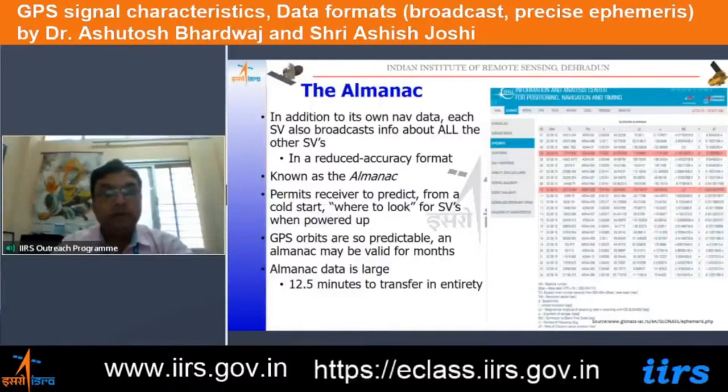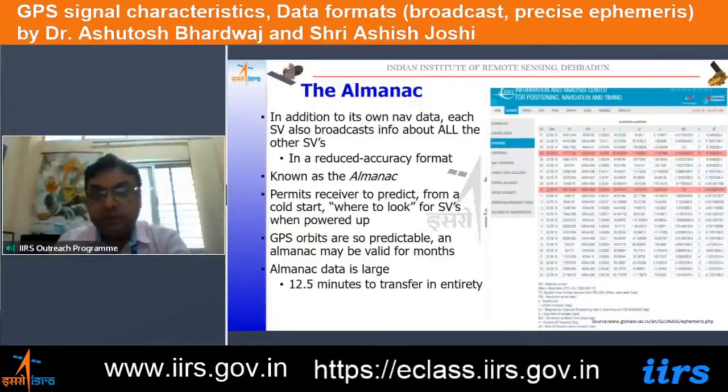Anyway, a minimum of 20-30 minutes of data should be collected. However, if you are collecting less, then at least you should see that the almanac data takes 12.5 minutes, and that should be permitted while collecting the data.